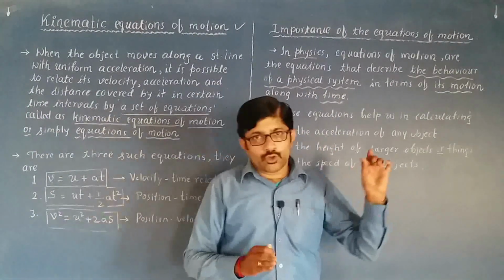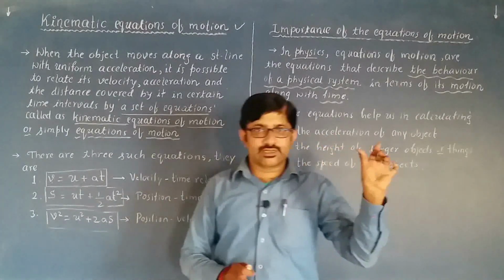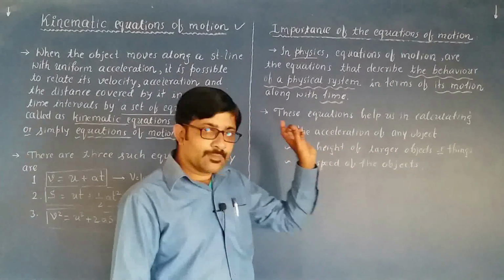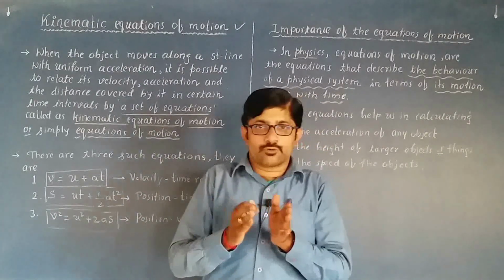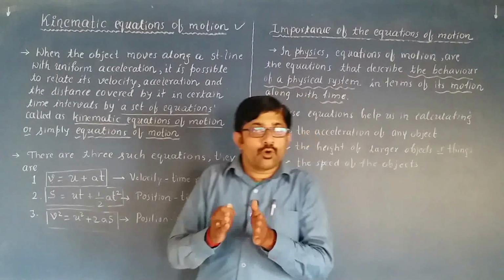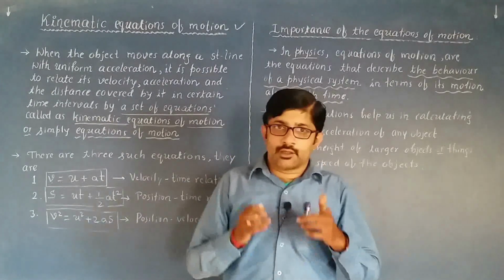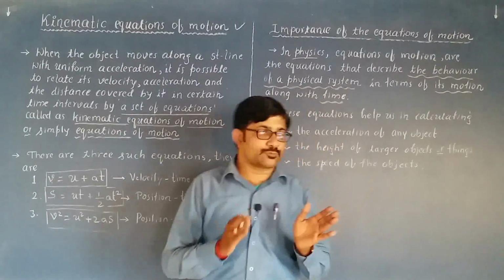I hope you got the meaning of physical system. The physical system is a system in which we are observing the motion of the object along with time. So we are looking at it in that perspective.